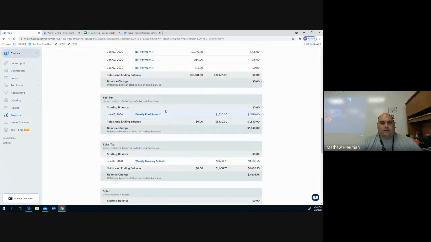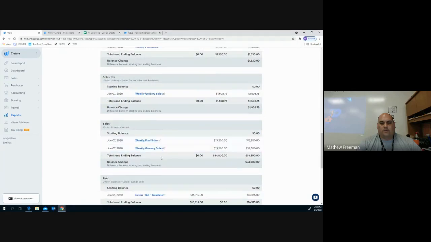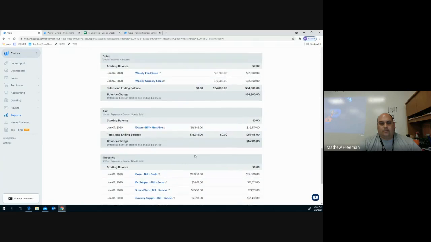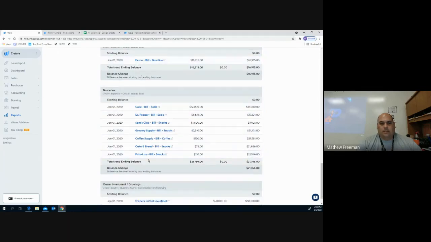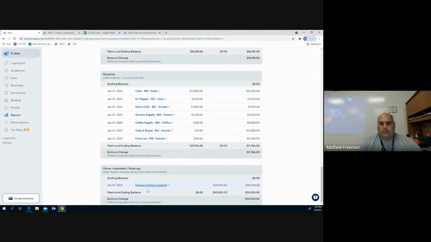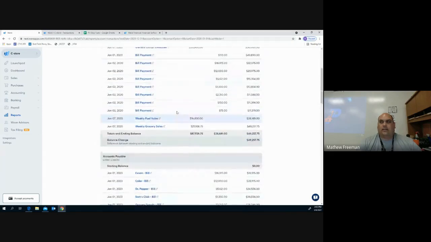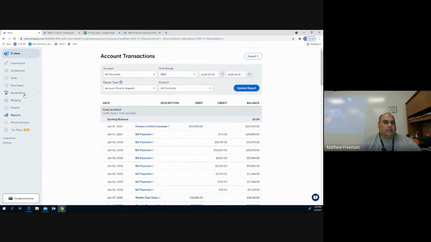Here's our sales tax on fuel sales, okay, weekly sales. Groceries expense, okay. And our initial investment from our owner. So everything's here on the balance sheet. That's all balanced out and showing on our account transactions.